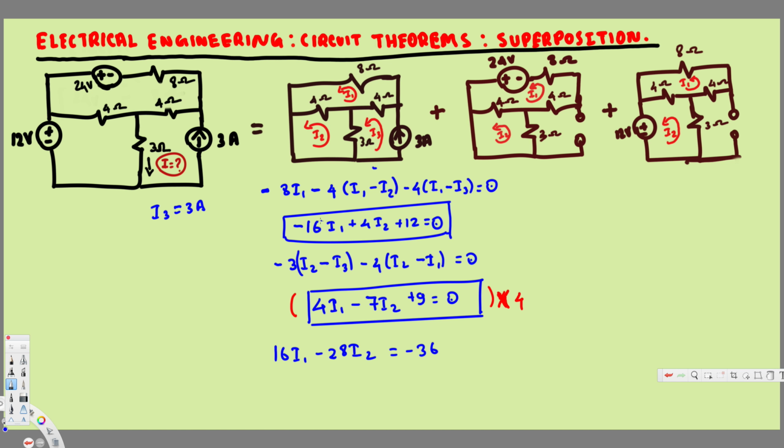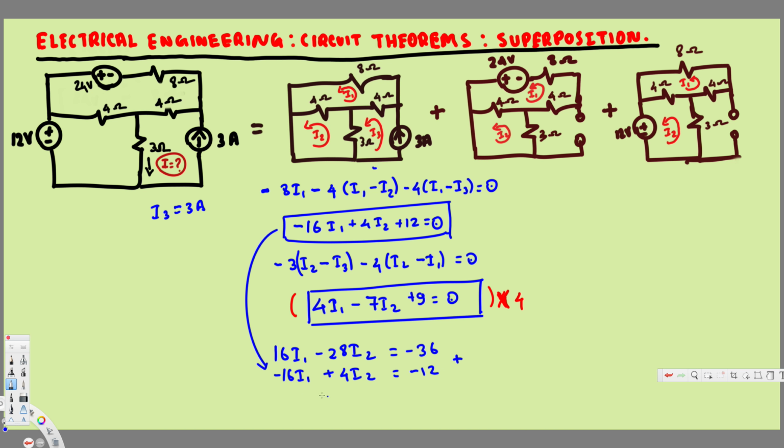Now let's bring the first equation here: negative 16 I1 plus 4 I2 is equal to negative 12. I'm moving this 12 to the other side, so it becomes negative 12.